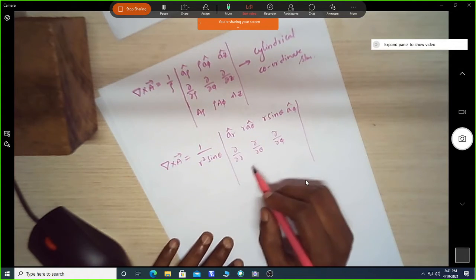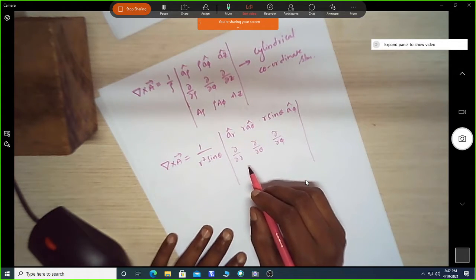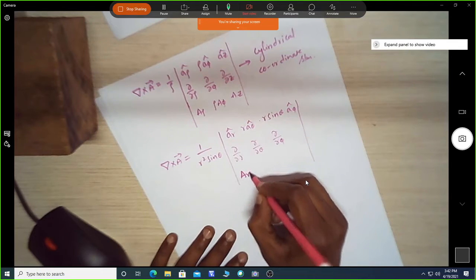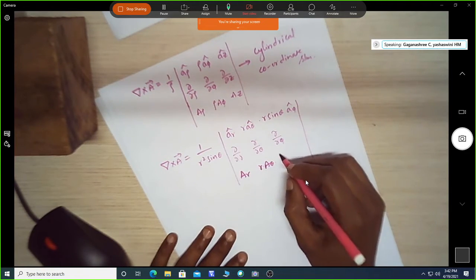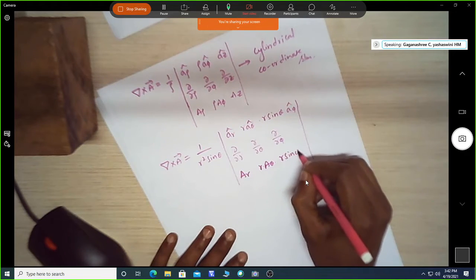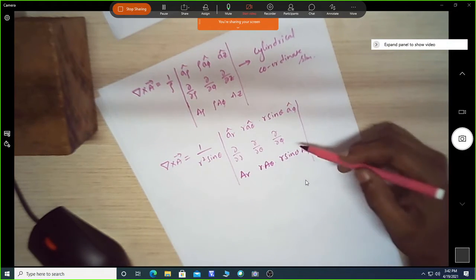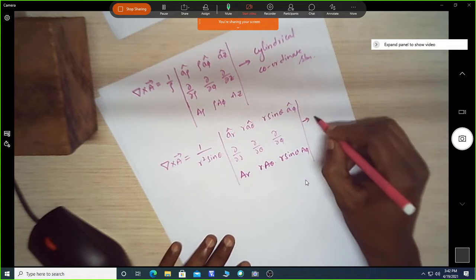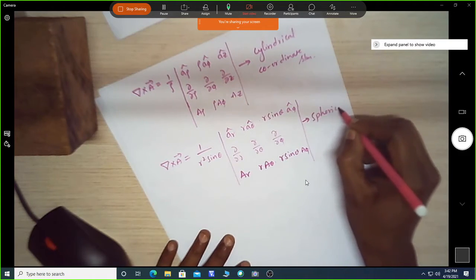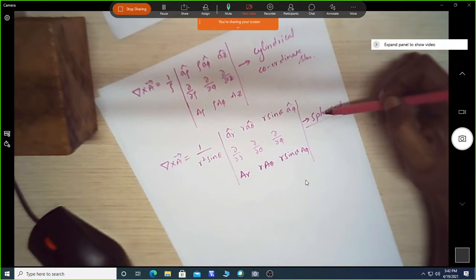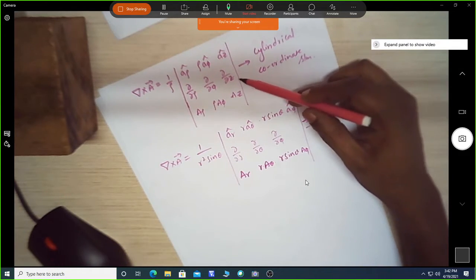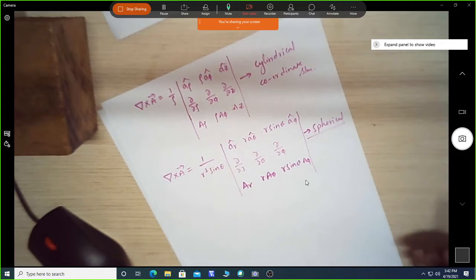Is it clearly visible what I am writing? Yes, sir, it is visible. Okay, r sin theta into A phi. So this is the spherical coordinate system. Cylindrical coordinate system, spherical coordinate system: this is what we need to remember for the curl of A.